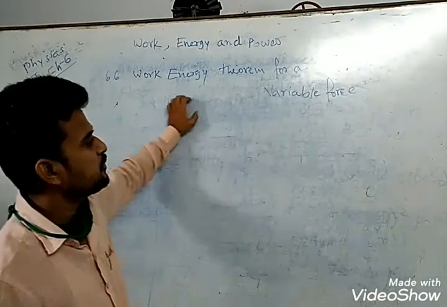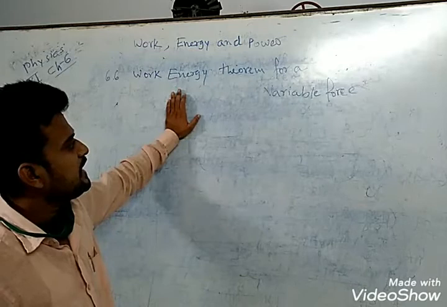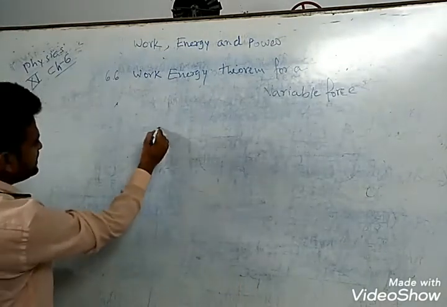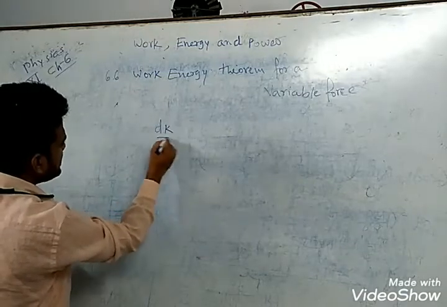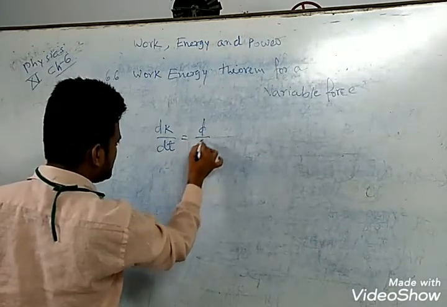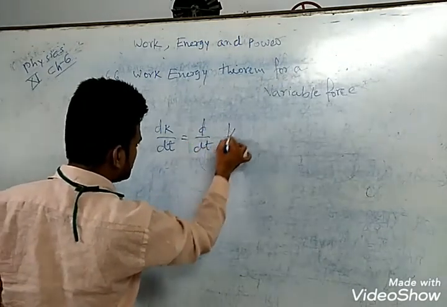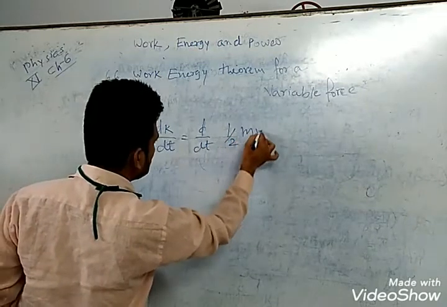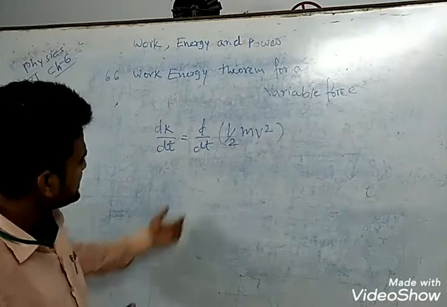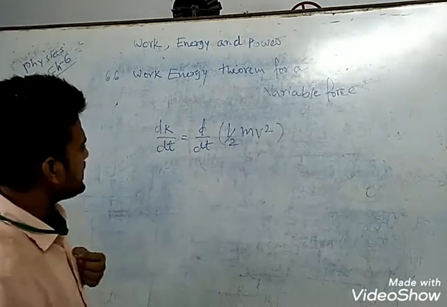In one dimension, the time rate of change of kinetic energy is dK by dt, which is equal to d by dt of K, where K is equal to 1 by 2 m v square.